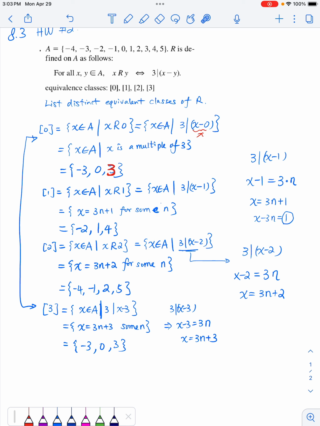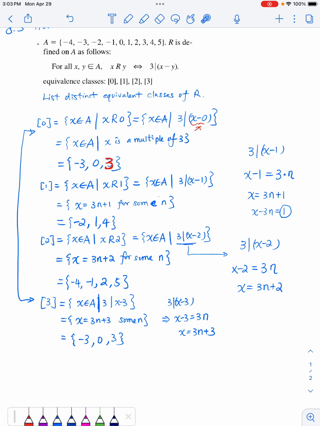There were 3 here, 3 here, and 4 here. 3 plus 3 plus 4 is exactly 10. So all those elements in A are separated into these 3 different classes. So we actually have 3 distinct equivalence classes.